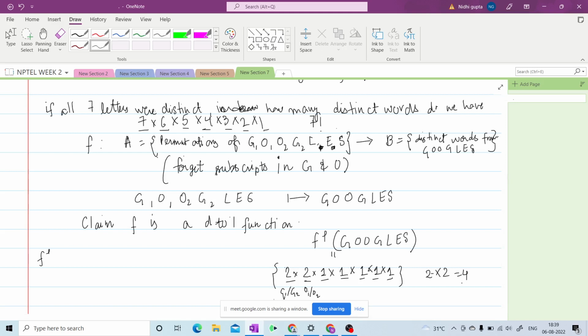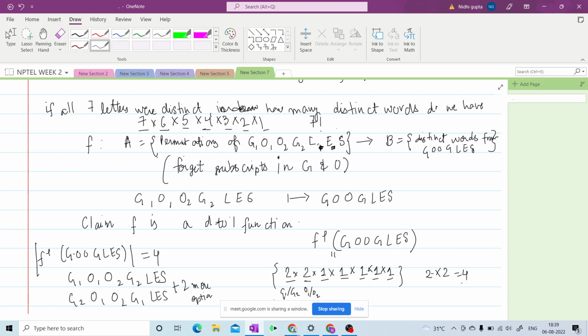Do you get it? So F inverse of goggles, the order of this set is 4. And if we want to list it out, it is basically G1, O1, O2, G2, L, E, S, and if we change the places, G2, O1, O2, G1, L, E, S, plus 2 more options.